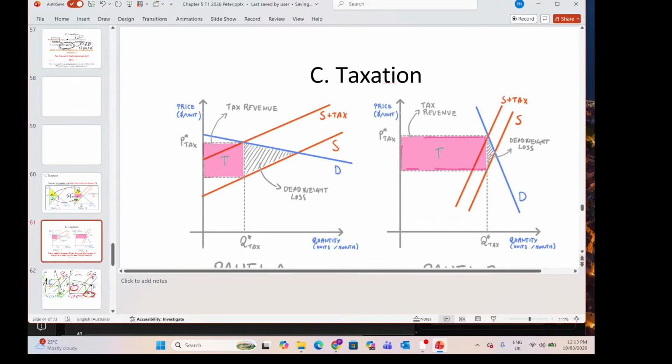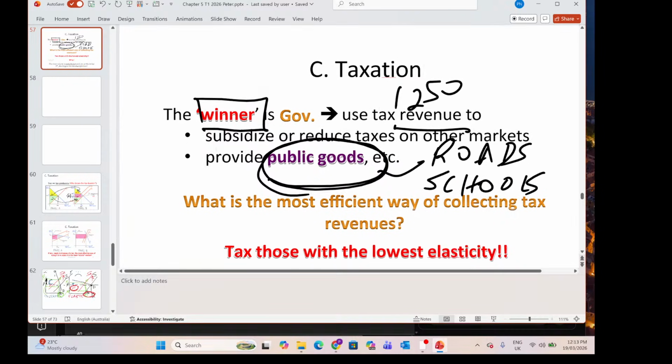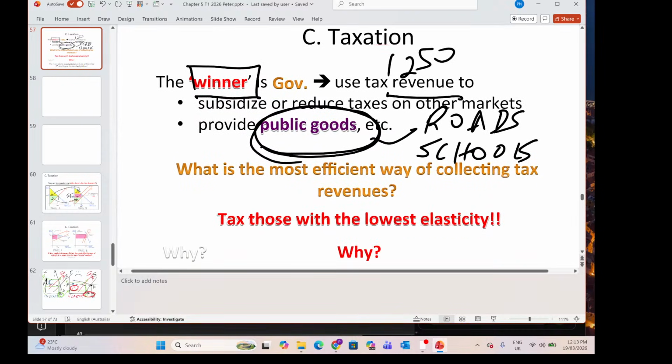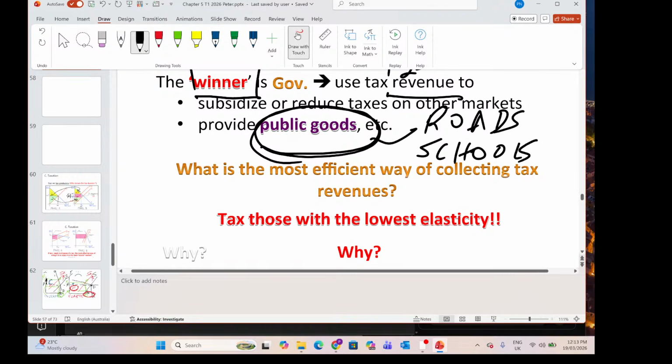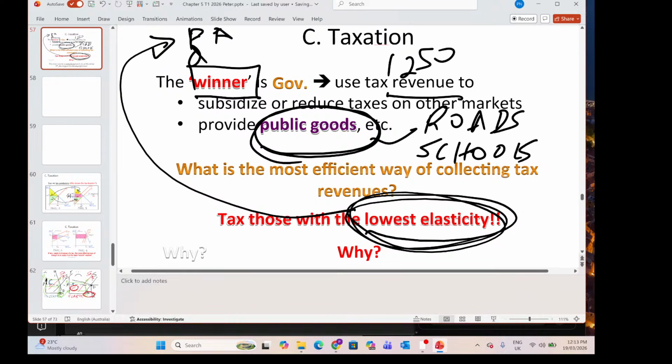And that's why this slide is there, right? Governments try and tax goods with lower elasticity. Why? Because the price rise is higher, but the quantity fall is lower, and so there's less harm done to the economy.